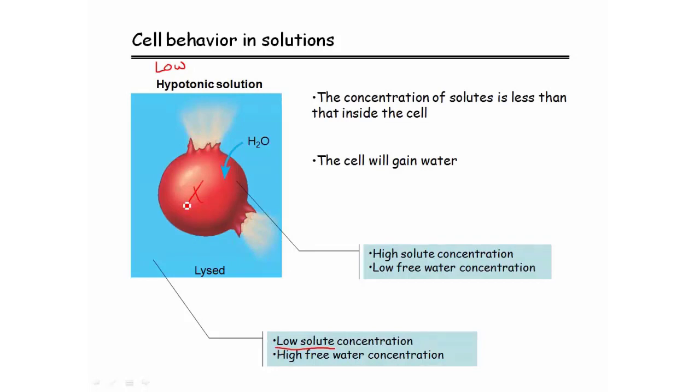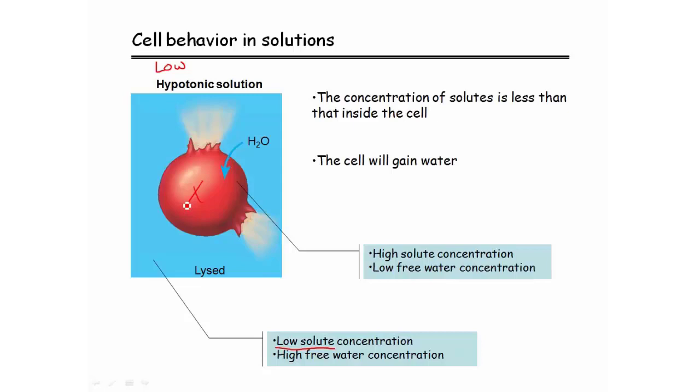Now we have to keep in mind when the water is going to stop moving inside the cell. So when does equilibrium occur? Equilibrium occurs when we reach equal concentrations of free water on both sides. What this means is that if there is just a small difference in concentration on the two sides of the membrane, maybe only a little bit of water needs to enter the cell.